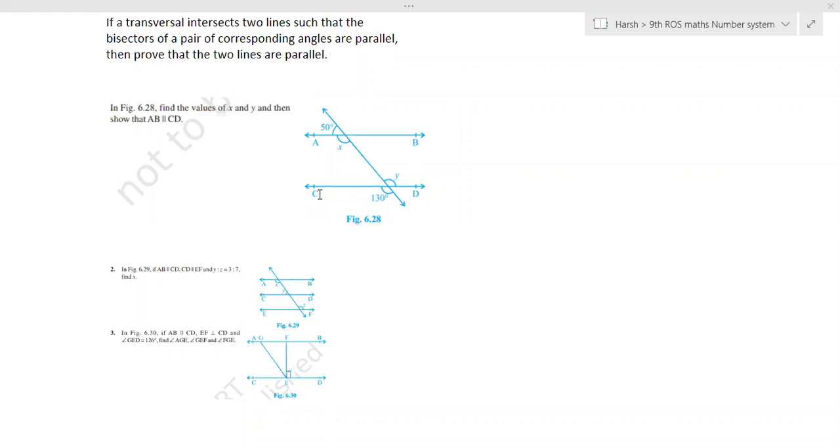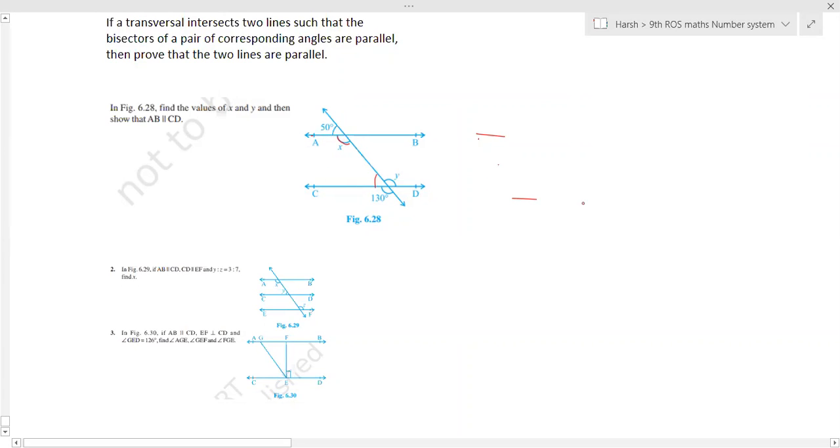Okay. Here it is telling that AB is parallel to CD. We have to prove it. In proving AB parallel to CD, if you prove that the sum of these interior angles is 180 degrees, that means the converse is true.